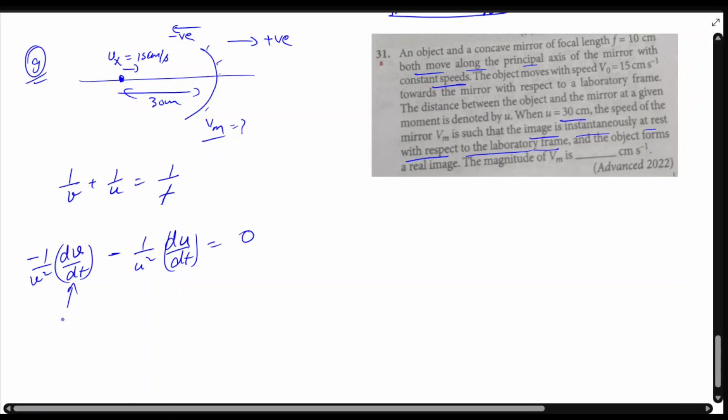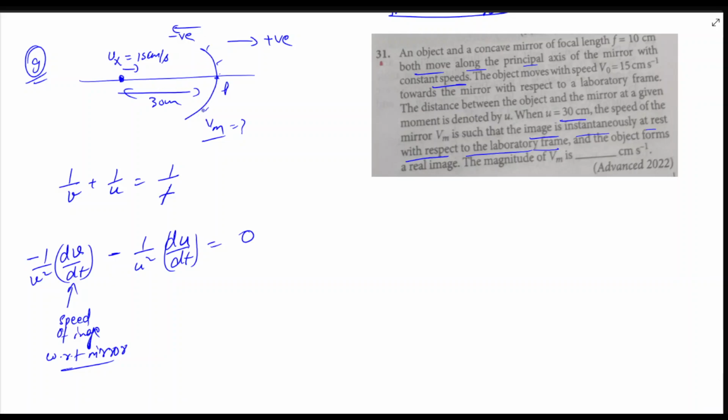And look, this is the speed of the image with respect to the mirror, because all the distances we take are with respect to the pole, and the pole is on the mirror. So all the distances we take from the mirror.